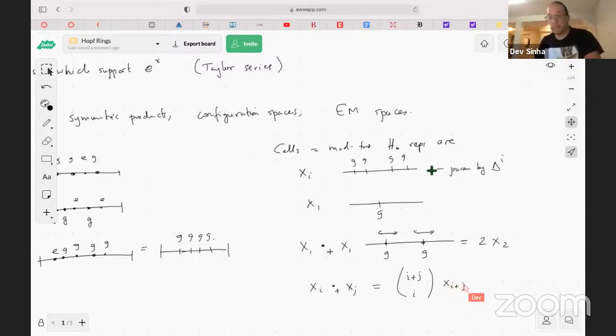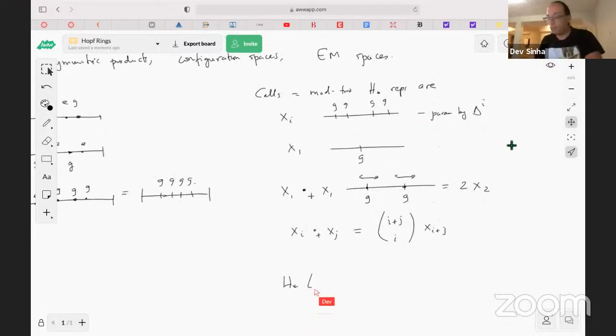And the way then to say this is that the homology of RP infinity with my two coefficients is the free divided powers algebra on a class X, which is our X1.